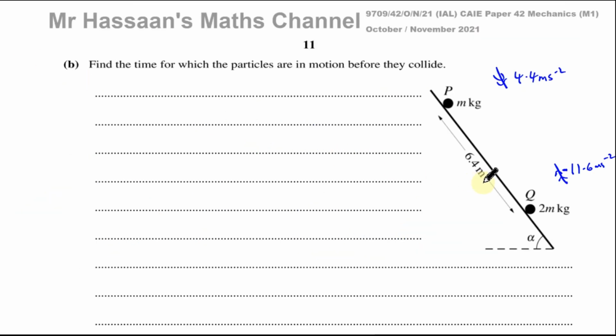So this is the situation. This is released at 0 meters per second. This is projected at 10 meters per second. Let's consider, first of all, the time for Q to come to instantaneous rest.